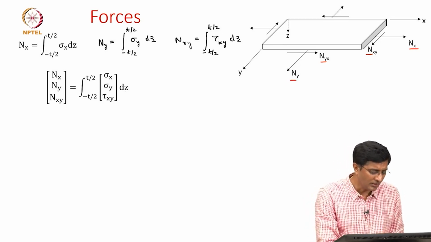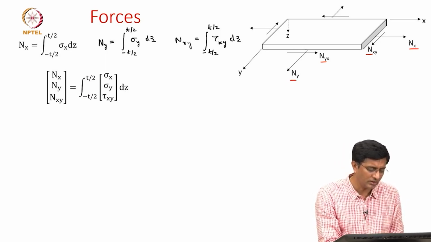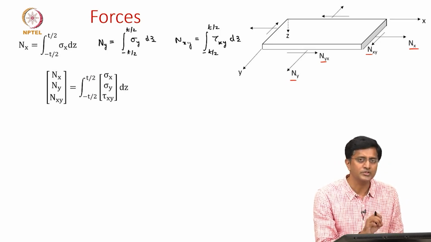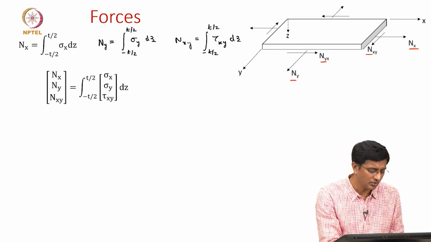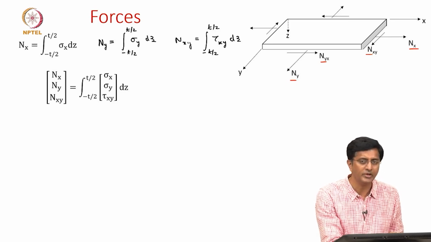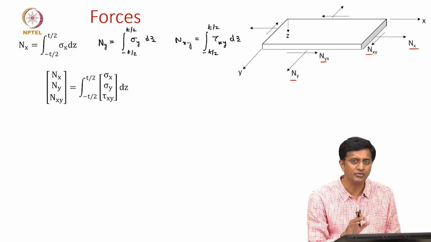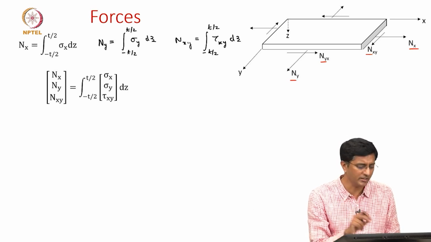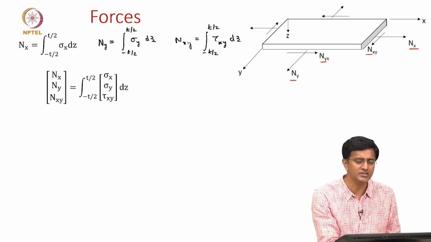Okay, now let's see how we can introduce the number of layers. So here, instead of going from minus T by 2 to T by 2, I can write it as a summation over the number of layers, and in each layer individually I'll write this integral.